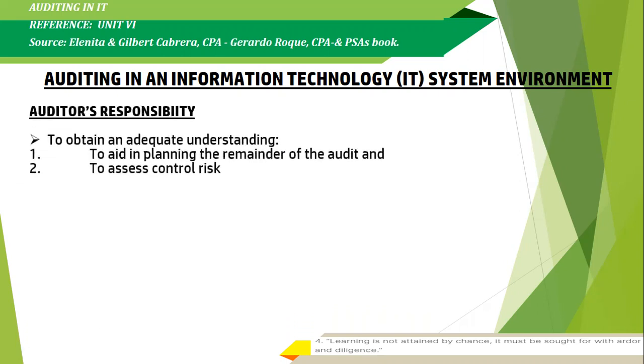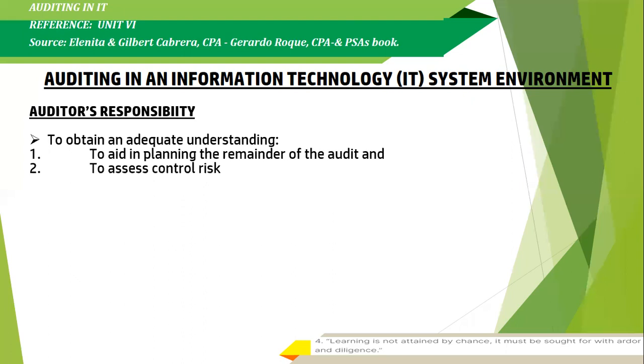So, auditor's responsibility about this IT system environment, with respect to internal controls over IT system, remains the same as with manual system. That is to obtain an adequate understanding. So dalawa dyan nakalagay: to aid in planning the remainder of the audit and to assess control risk.